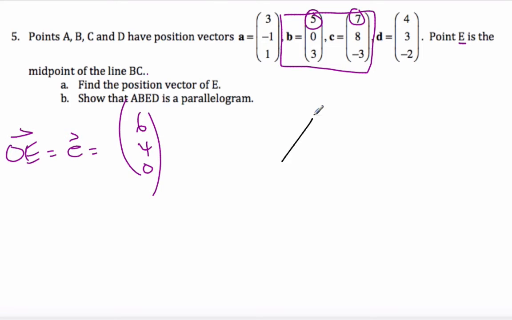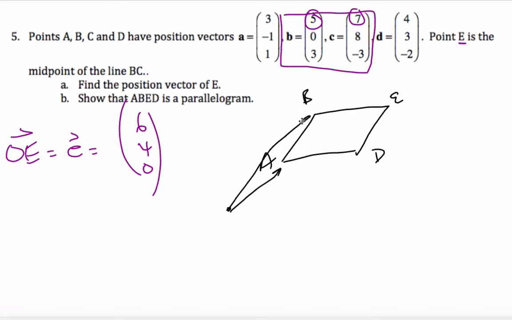I'm going to make a parallelogram A, B, E, D, and each of these vectors is from O. So here's OA, OB, OE, and OD, and we're going to show it's a parallelogram.